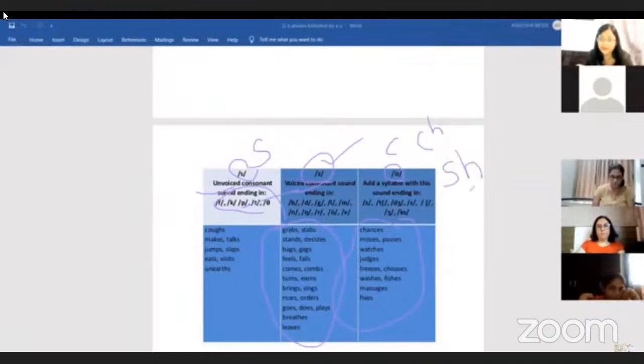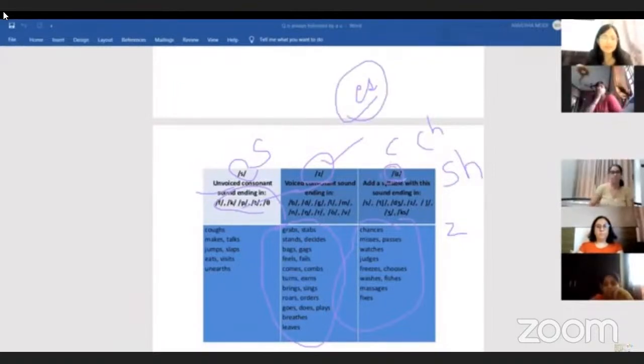When you have these at the end, when you use ES for plural endings, the sound will be iz: chances, misses, passes, watches, judges, freezes, chooses, washes, fishes, massages, fixes. Okay, the sound is iz.